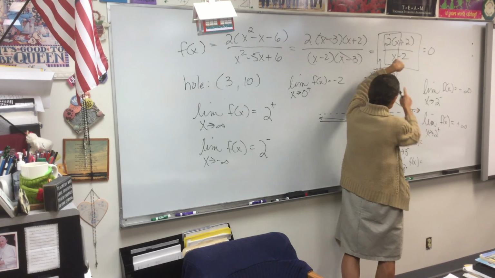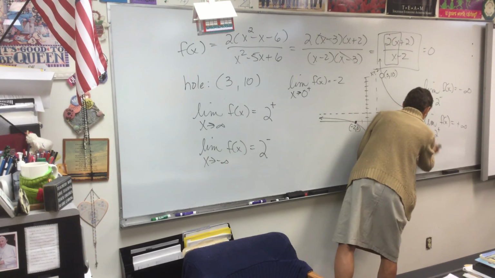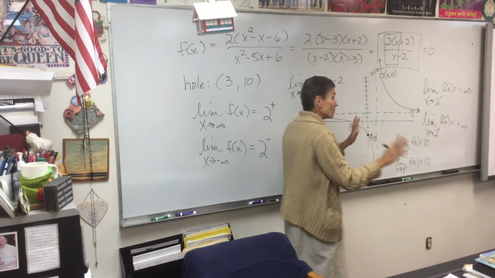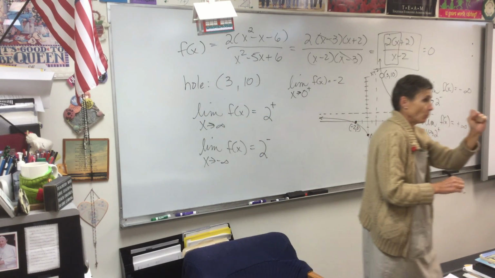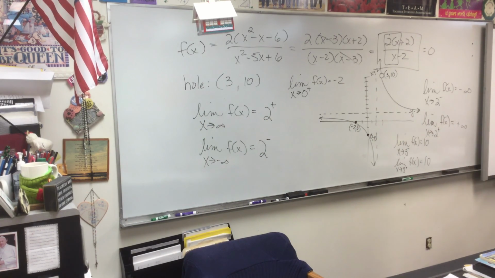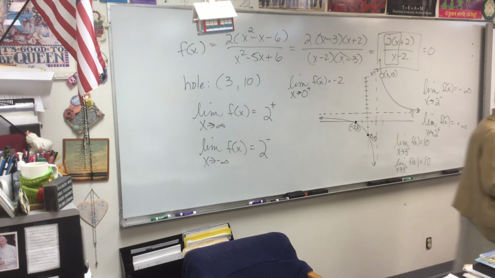Getting closer to 10. So the limit from the left and the right is 10. When you have a point, whether it's an open dot or a closed dot, the limits from both sides are going to be the same y value. They're only different when you have an asymptote, because it's two separate pictures, not one smooth curve.